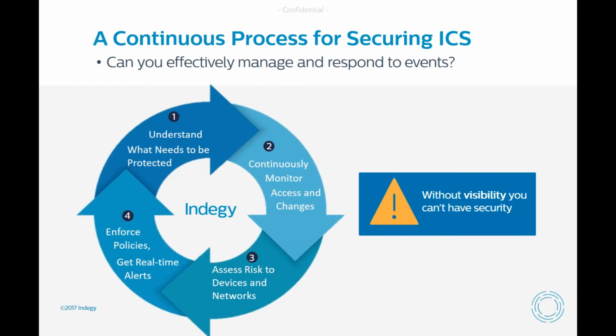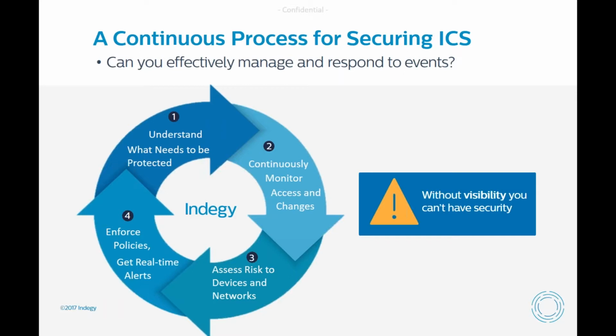Finally, being able to enforce the policies that we have in the organization and getting alerts when things happen out of the ordinary. These are all important parts of being able to navigate the maturity model and having a good system in place to keep track of all of the stuff on the industrial side.